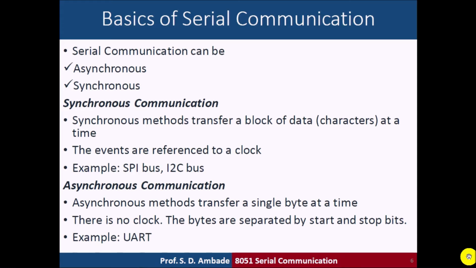Examples of synchronous communication are SPI, Serial Peripheral Interface Bus, and I2C bus, Inter-Integrated Circuit Bus. So wherever we use synchronous communication, there is a requirement of a clock. All the events are referenced to a clock. In the synchronous method, a block of data is transferred at a single time.